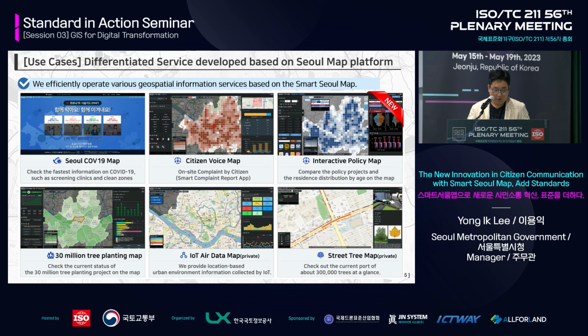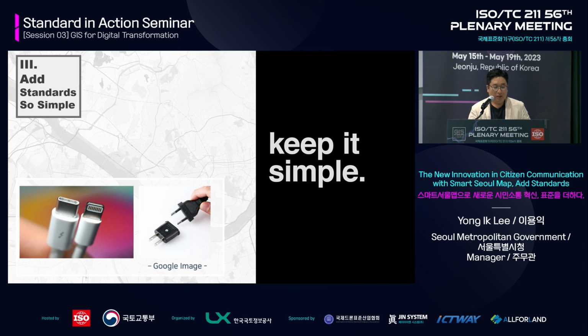Also, we have a map for monitoring air quality based on AI. And what we are now working on is the street tree map. By showing the clusters of information, we're showing proof that we can do pilot projects of the street tree maps all across Seoul.